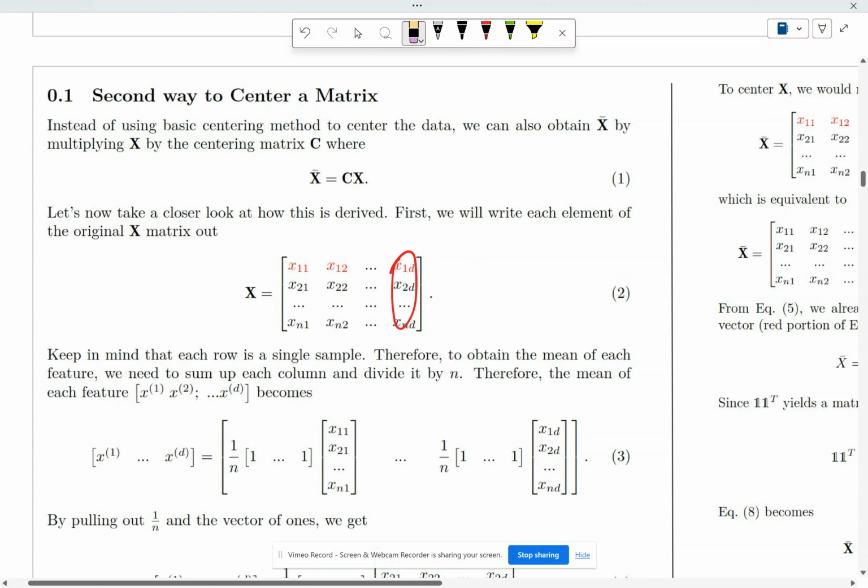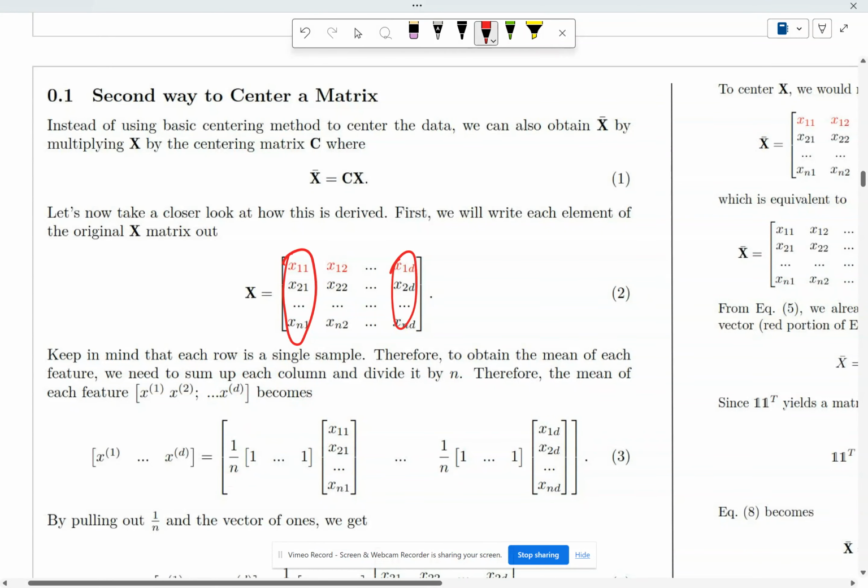Well, one way to do it is we look at this as a column, and then we multiply by a 1 vector. When you multiply by a 1 vector, you're essentially summing up the entire column. And if you divide by n, then you are finding the average.